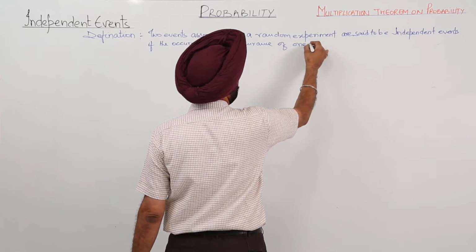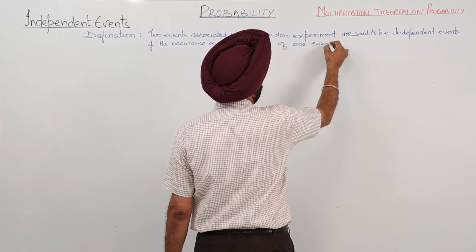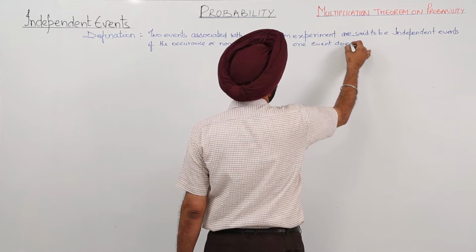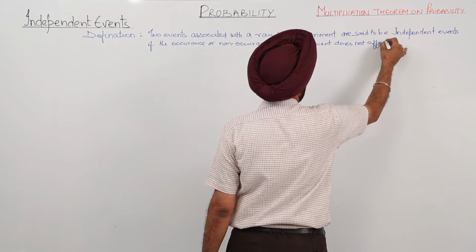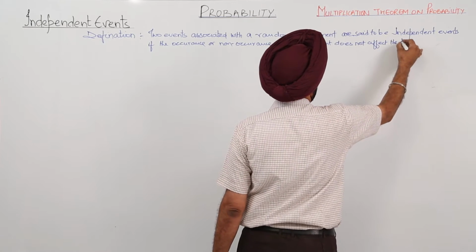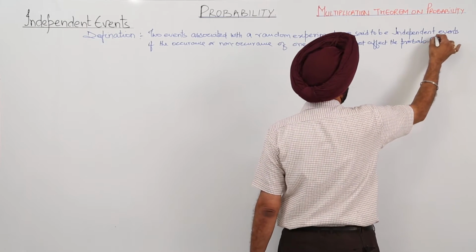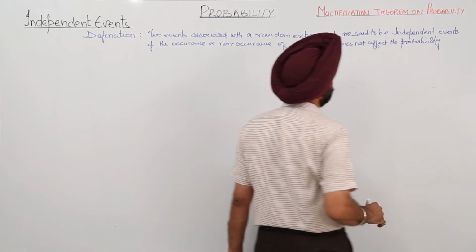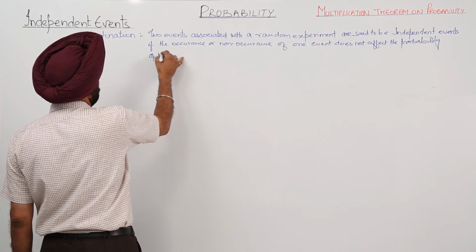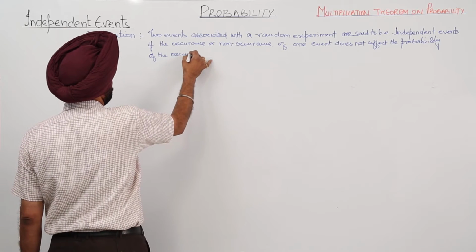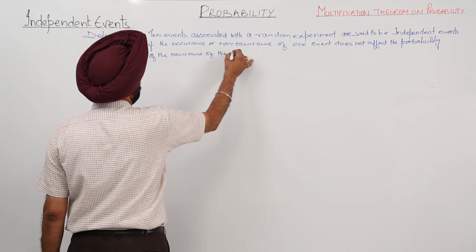one of the events does not affect the probability of the occurrence of the other event.